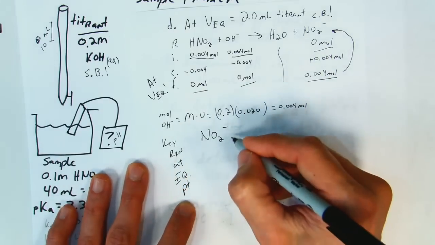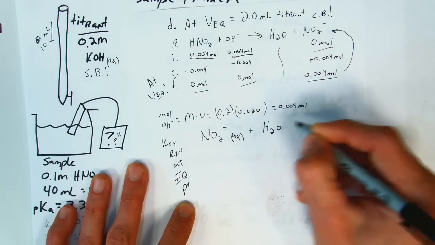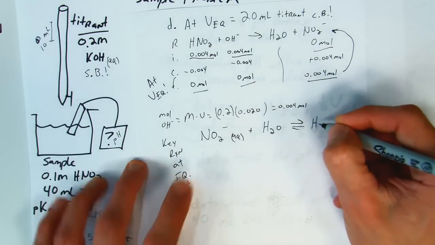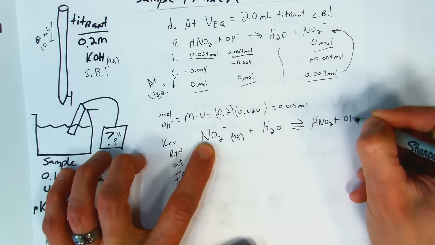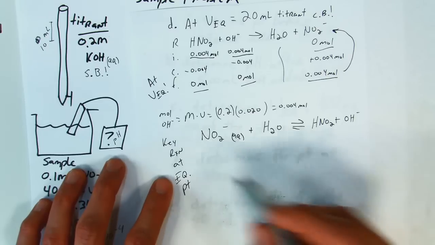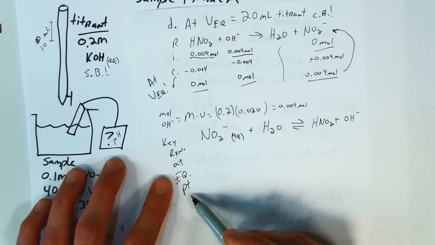Because I made an aqueous solution of my conjugate base, it can react with water to set up an equilibrium in which the conjugate base accepts a proton from water, and we also make hydroxide. This is a crucial and key reaction to be able to identify at the equivalence point of a titration of a weak acid with a strong base.